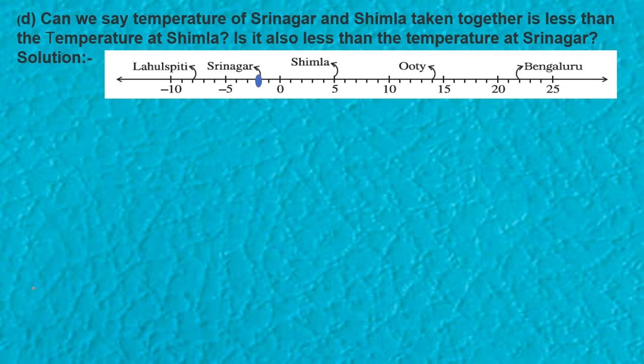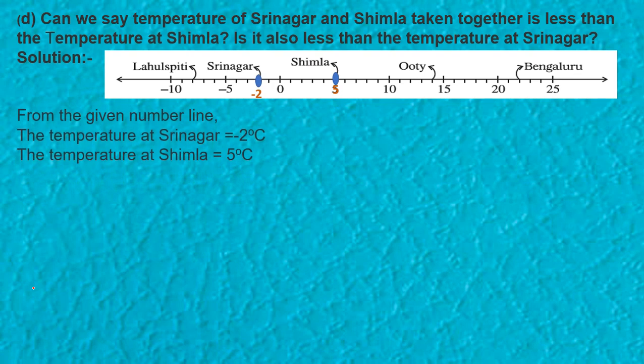So first of all, count the temperature on the number line for Srinagar. As we have done earlier, it is -2, and the temperature for Shimla is 5 degrees Celsius. Now both temperatures we have to take together, that means we have to perform the addition.